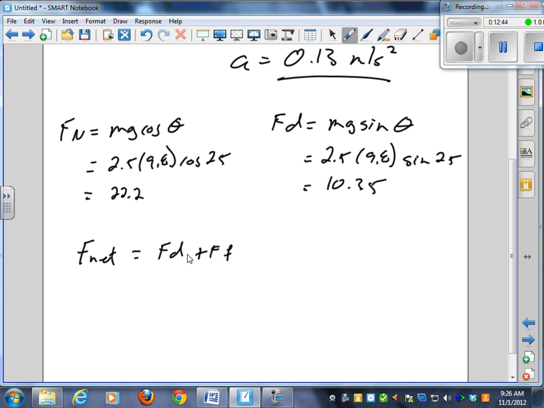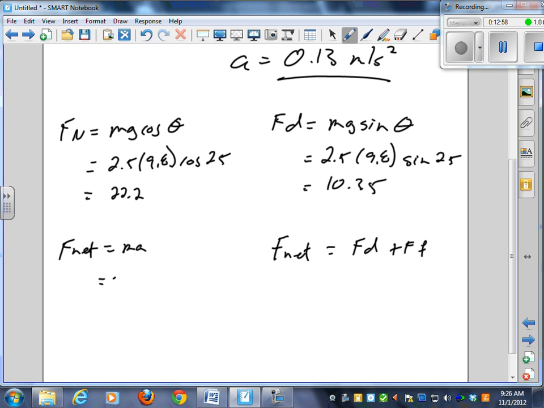I'm going to drag that over there, and I'm going to write F net equals, big sigh from the crowd. Mass was 2.5, acceleration was 0.13. I get a net force of 0.325, is that right? Yeah.